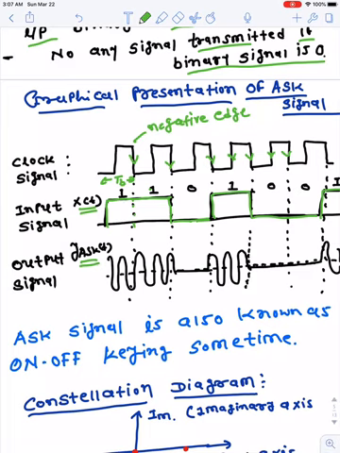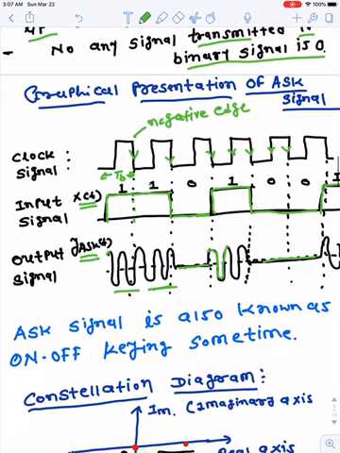If the input bit is 1, we transmit the cosine signal here, that can be shown here. This is the portion. If the next input bit is also a 1, again we transmit square root 2EB by TB cos omega ct. If the input bit is 0, then we are not transmitting anything here. Then again 1, we are transmitting the cosine signal, and the same for all other bits also, right?